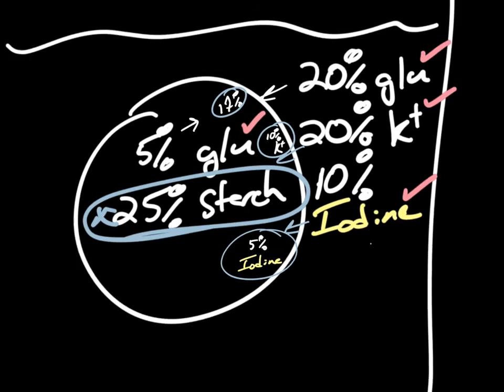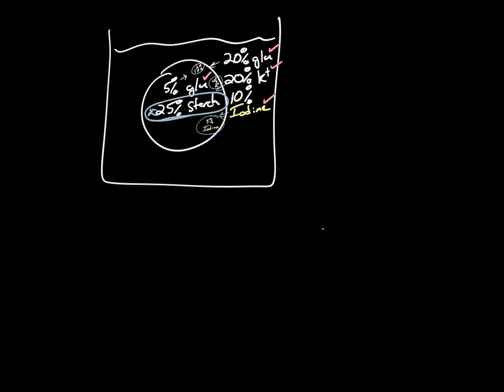So can you imagine for a second, do you understand this concept that these solutes here really don't impact the difference in concentration outside and inside because they're at equilibrium?